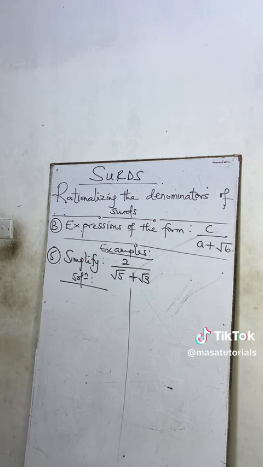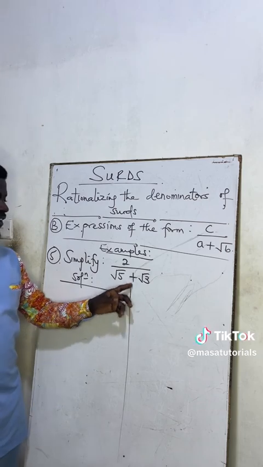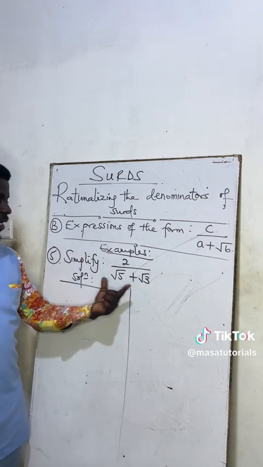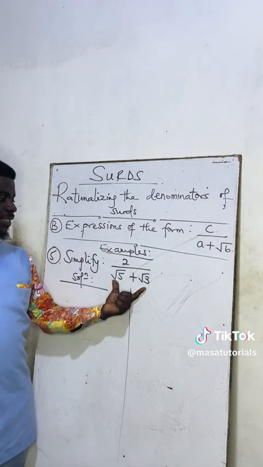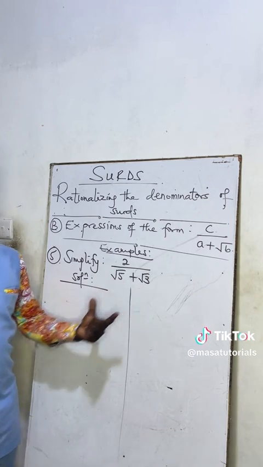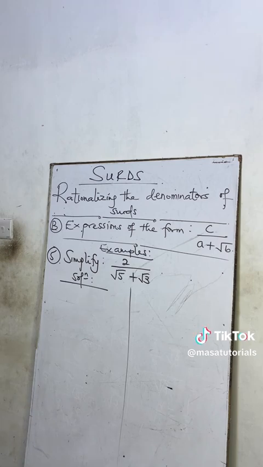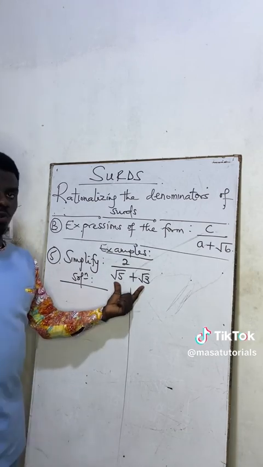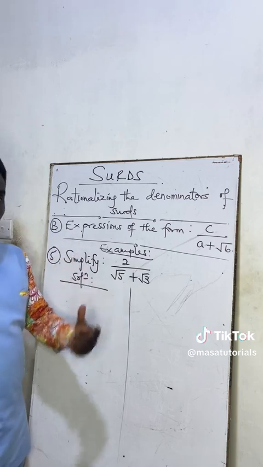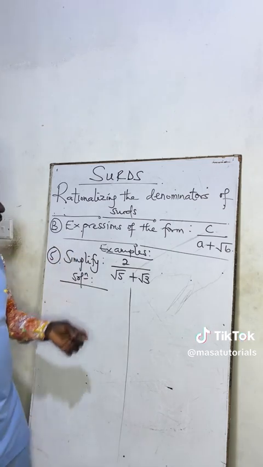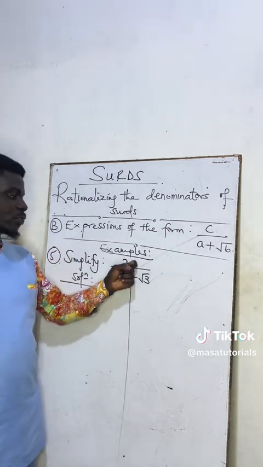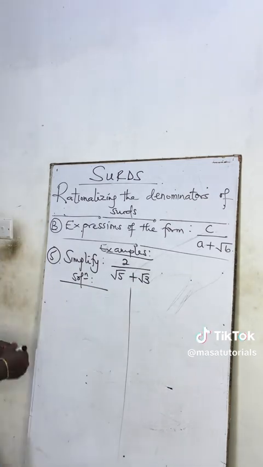Alright, so this is our last example. Simplify 2 over square root of 5 plus square root of 3. Now, the denominator is the set square root of 5 plus square root of 3. So we need to find its conjugate. The conjugate will be square root of 5 minus square root of 3. We use the conjugate to multiply the numerator and the denominator itself.